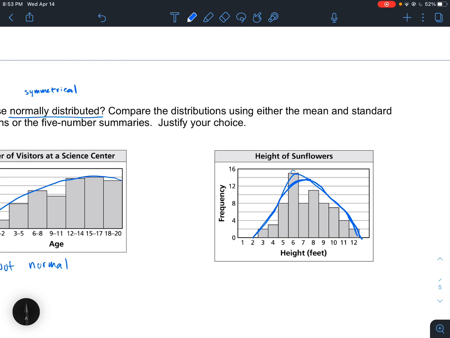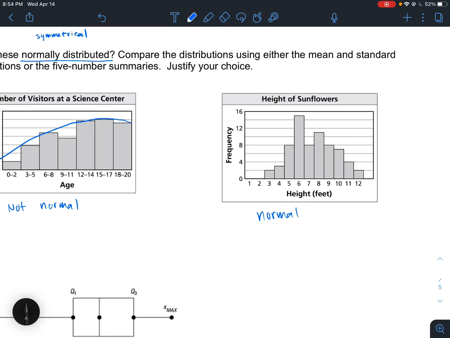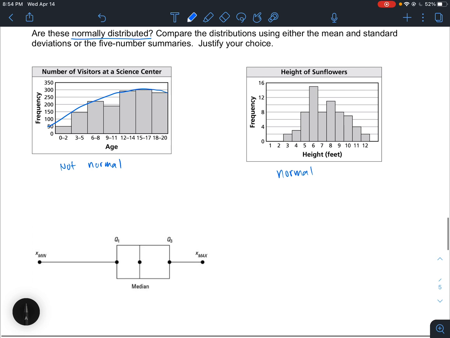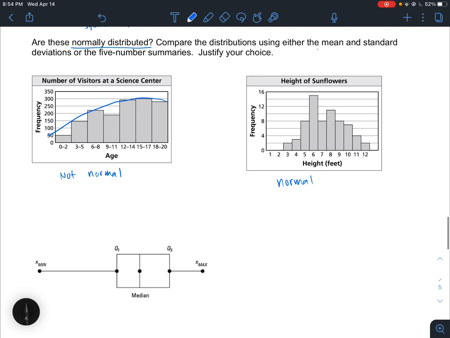I know that's a little high here, but that's really not too far away from the center. 6 isn't too far away from the center of the data. So I would actually say that this is a normal distribution. And if it is skewed, it's really not by much, so I would just go ahead and stick with normal. Which means I would rather use the mean and the standard deviations.